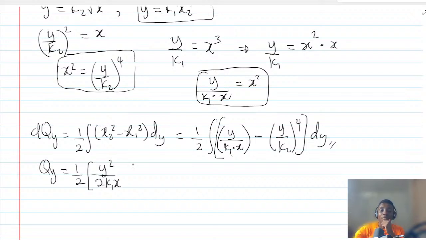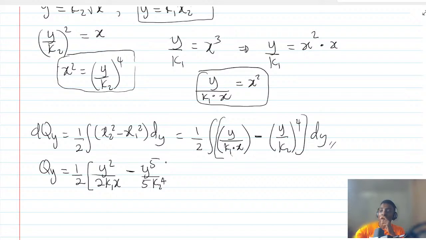All right. And then minus the integral of this one. So it's going to be y to the power 5 divided by 5k2 to the power 4.